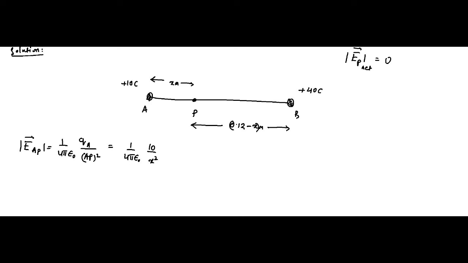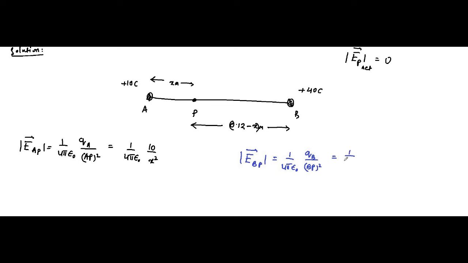Then the electric field at position P due to the charge plus 40 coulomb placed at B, let's call it EBP vector, is equal to 1 by 4 pi epsilon 0 QB by BP whole square.